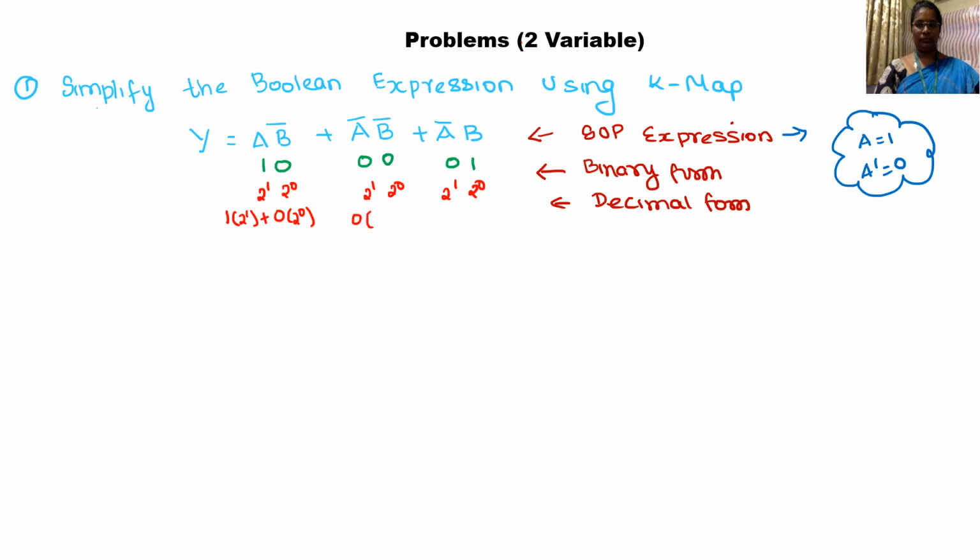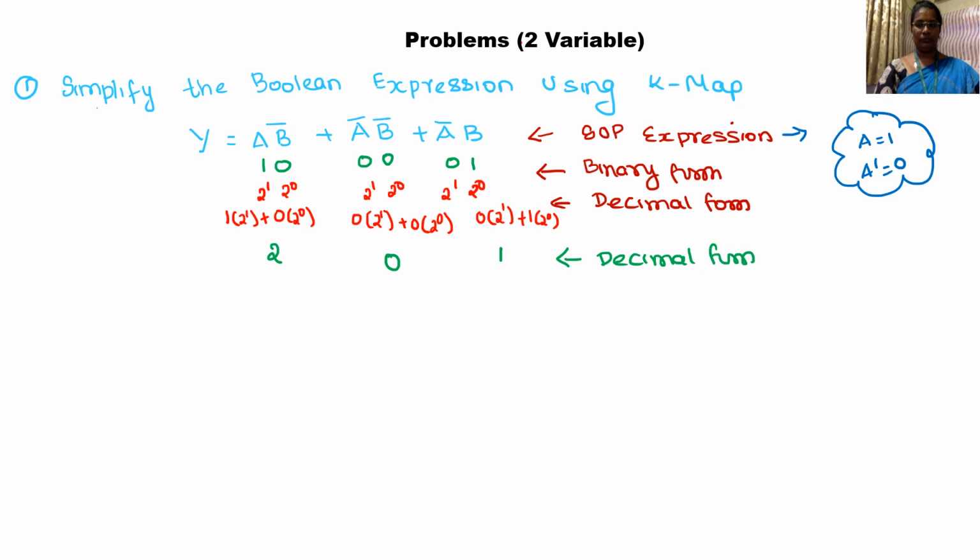Here it is 0 into 2 power 1 and here it is 0 into 2 power 0. And the last one is 0 into 2 power 1 plus 1 into 2 power 0. So finally, when you simplify this, you would see that the decimal form of the first term is nothing but 0 plus 2, so it is 2 here, and here it is nothing but 0, and here it is nothing but 1. So this is my decimal form.